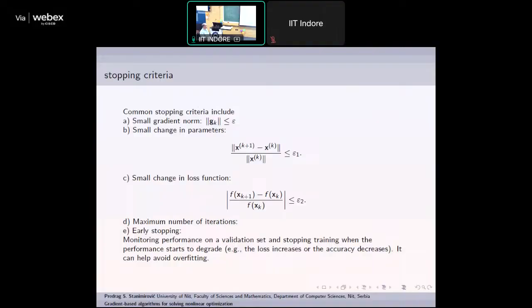When do we use this stopping criterion? You obtained, for example, accuracy of 10 power minus 5, which is not so good precision.